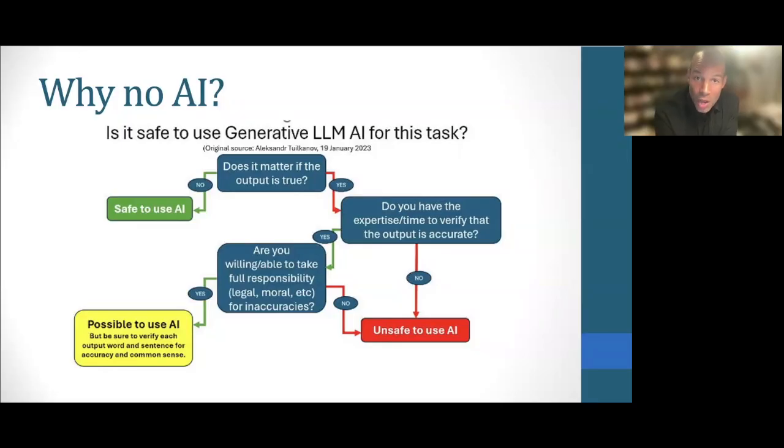If the answer is no, I don't have time to check that the information I've received is true, or I don't know this well enough to know if what I'm getting is true, then you can't use AI. If the answer is yes, that you've got all the time in the world to devote to this assignment and you can verify that stuff is true, then you've got to go to the next question.